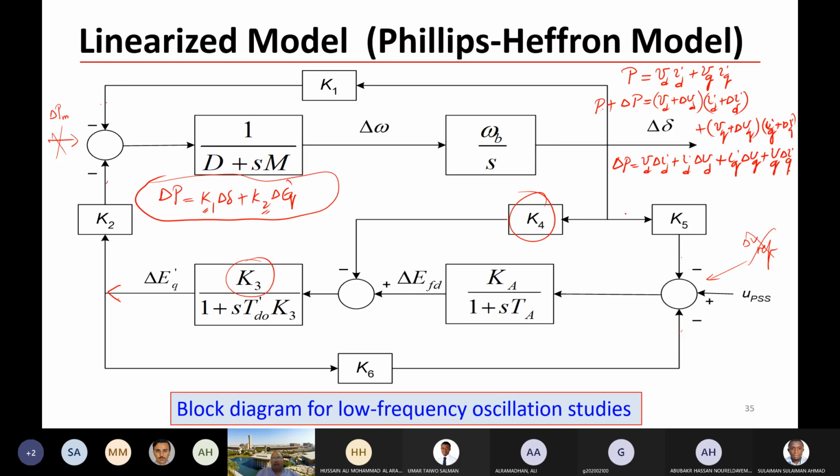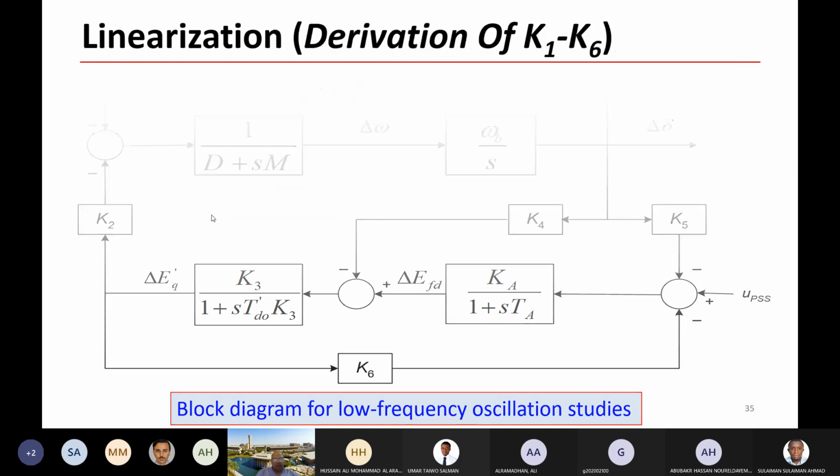Okay, can we express delta Id and delta Iq, delta Vd and delta Vq in terms of the states, having these algebraic equations?